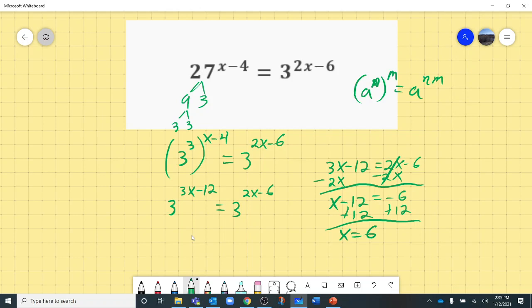27 to the 6 minus 4. 27 to the 6 minus 4 would be 27 to the second power. Should equal, hopefully, 3 to the 2 times 6 is 12, and 12 minus 6 would be the 6th power. So 27 to the 2nd power and 3 to the 6th power should hopefully be the same thing.